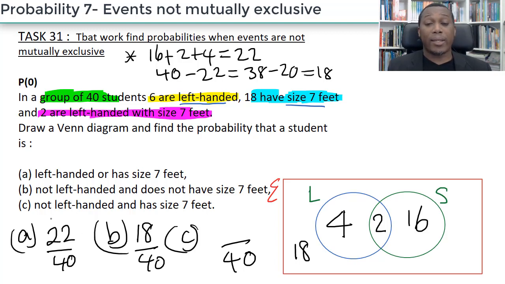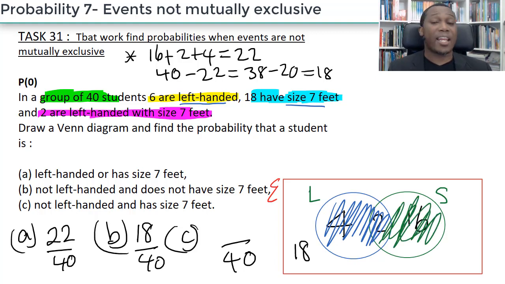And then the final one, not left-handed and has size 7 feet. Actually, let me just do one more thing for B. B said not left-handed and does not have size 7 feet. What I should have done to make it more graphic: not left-handed, and then doesn't have size 7 feet.